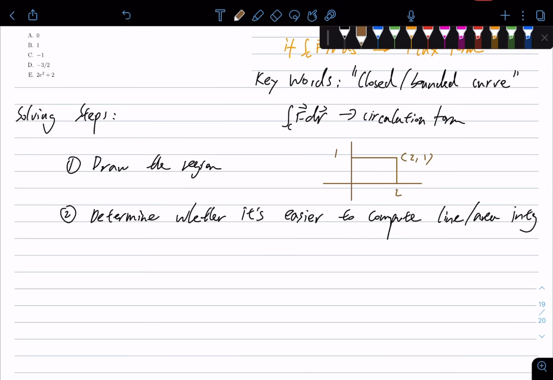But what about an area integral? Is the area easy? It's a rectangle. It's a very easy type of double integral, and we only have one double integral to compute. So in this case, the area integral is much easier.